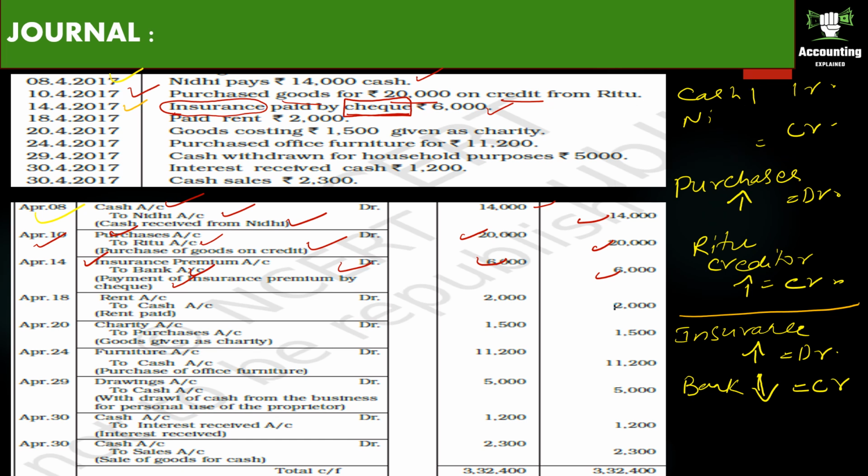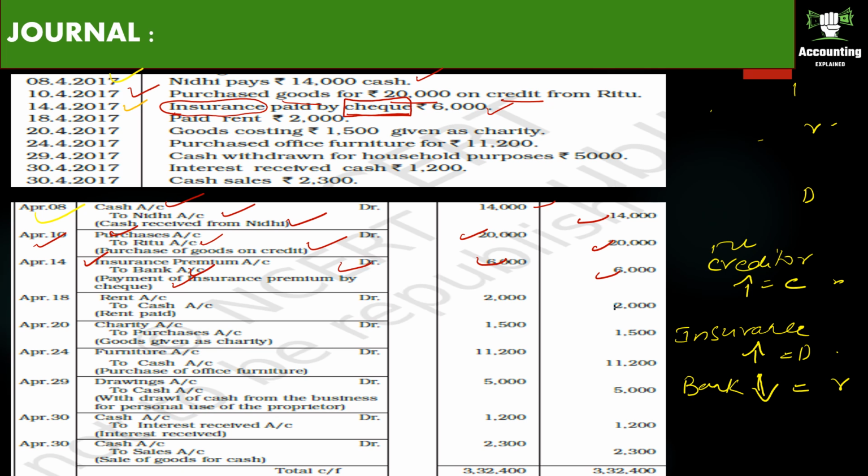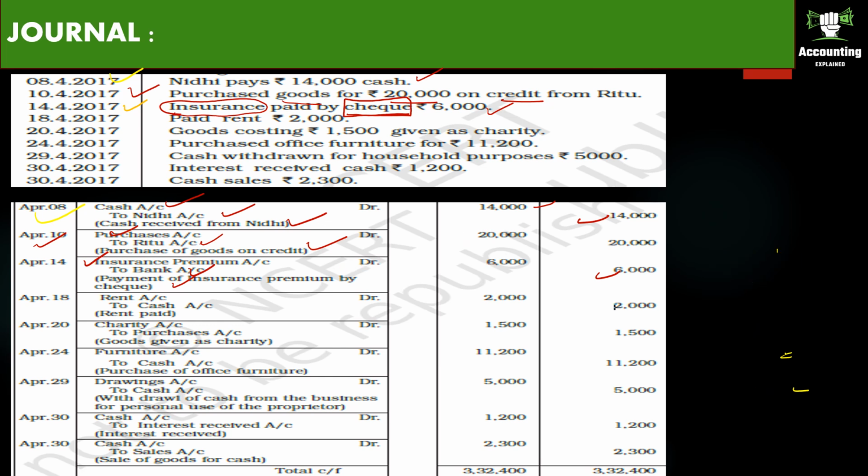Okay, now I'm going to rub this on 18/4/2017. What is the transaction? Paid rent rupees 2,000. So that is the transaction on 18/4/2017. Since they have not mentioned anything, we assume they have paid rent by cash. Okay.